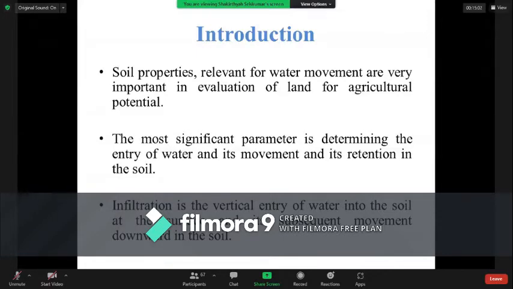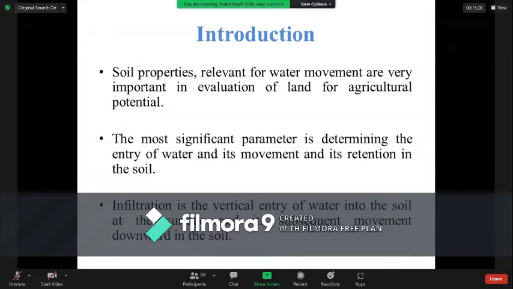Mainly there are two major things, primary tillage and secondary tillage. Have you heard about primary tillage? Why is primary tillage important? Normally in primary tillage, you dig your land to a particular depth.